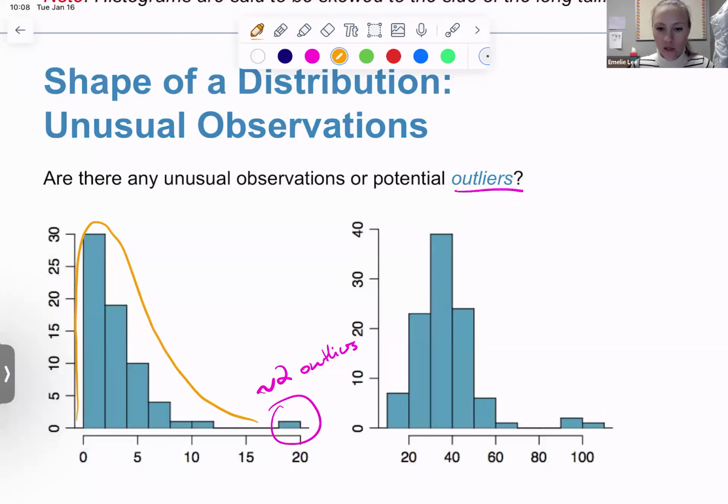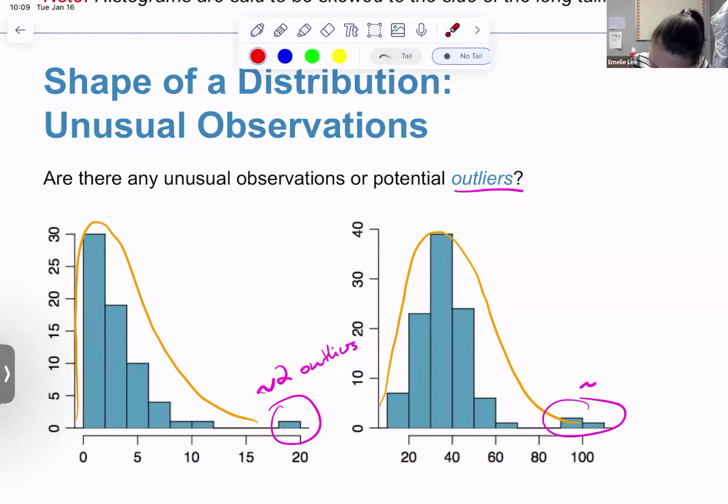Okay. And so notice that it's always going to be skewed in the direction of the outliers, as well, because they make the tail. So same thing here. Here I've got maybe, well, it depends.